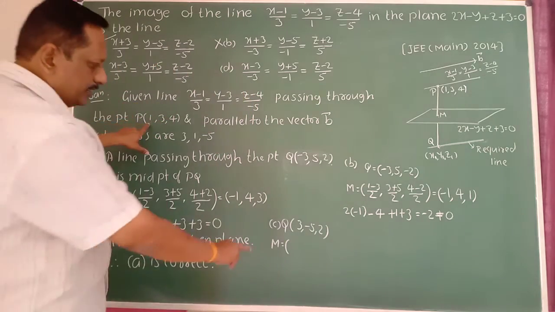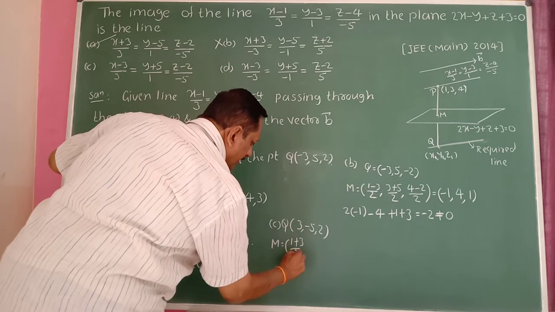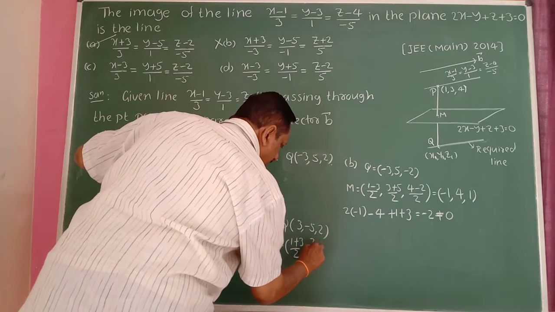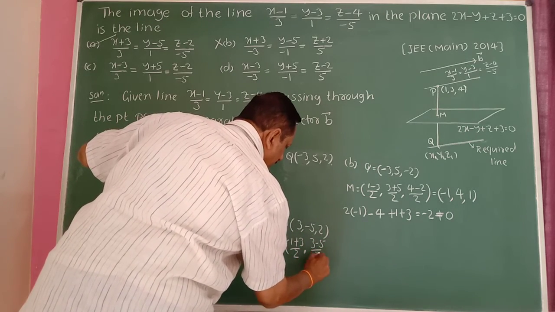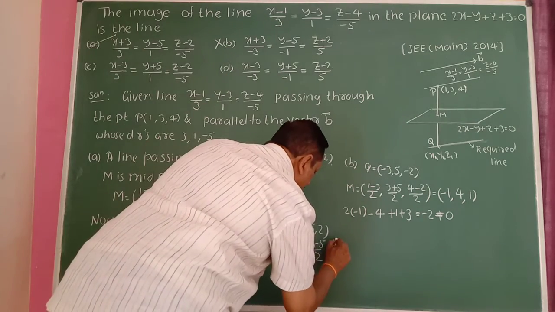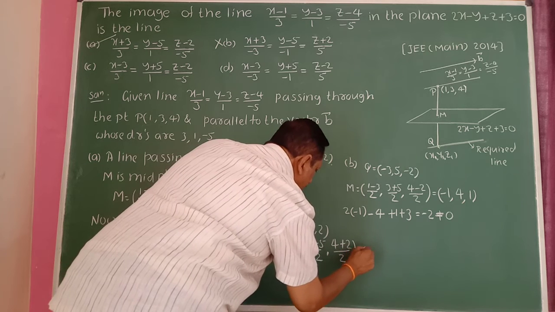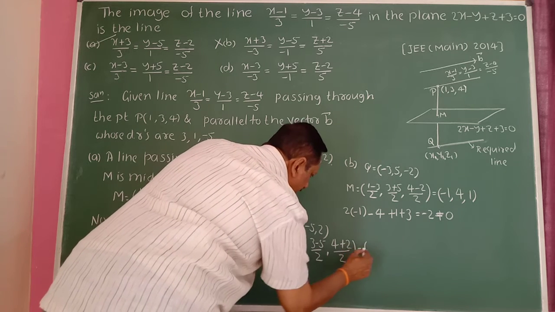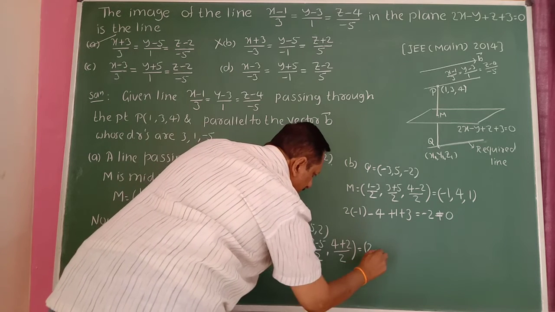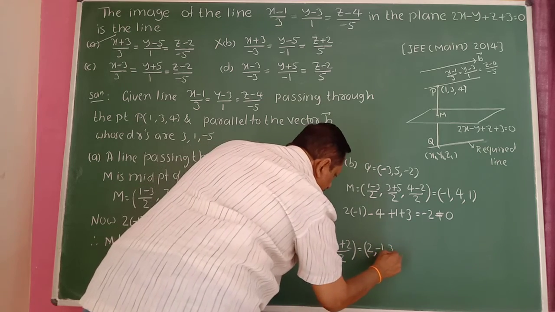So (1 plus 3) divided by 2, (3 minus 5) divided by 2, then (4 plus 2) divided by 2. So this is equal to 4 by 2 becomes 2, then minus 2 upon 2 gives minus 1, and 6 upon 2 becomes 3.